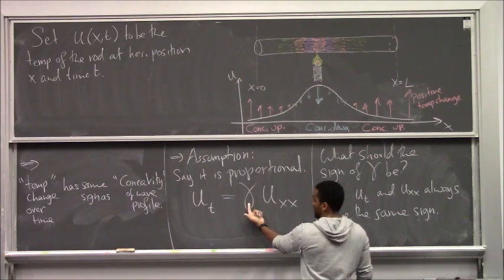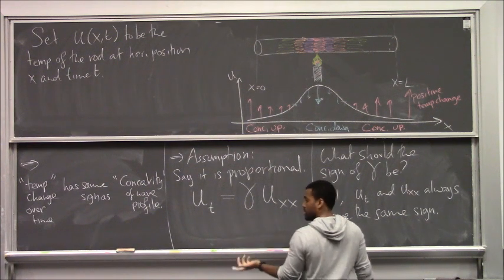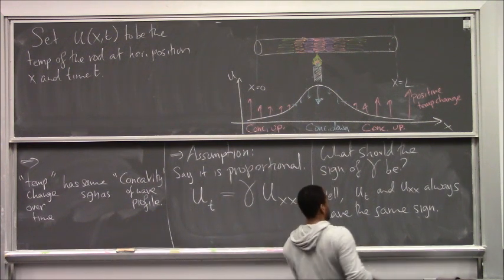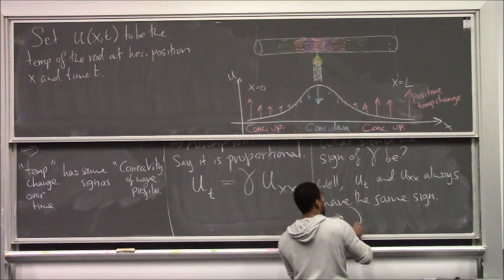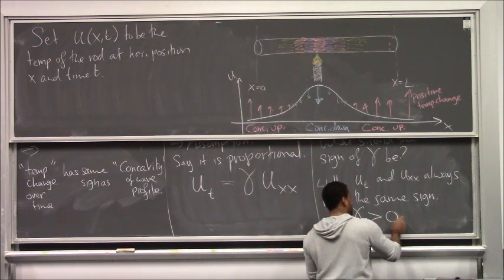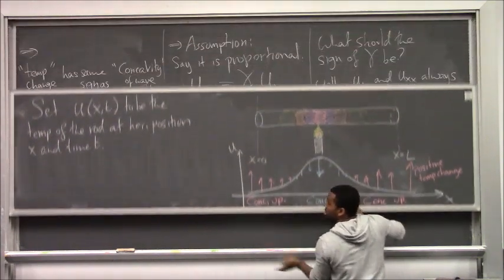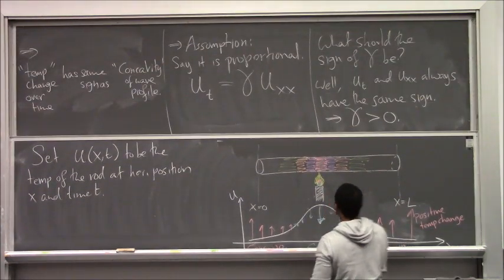What does that mean for the sign of this constant? Does it change depending on position? It has to be positive in all scenarios. So this constant of proportionality must be positive. Whatever that constant is, I know it has to be a positive number.